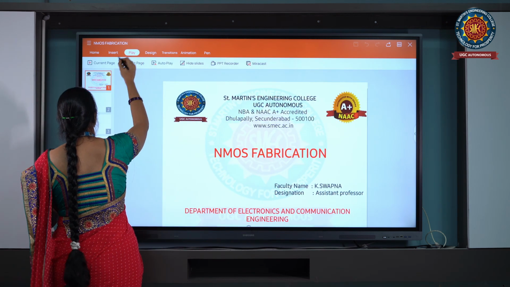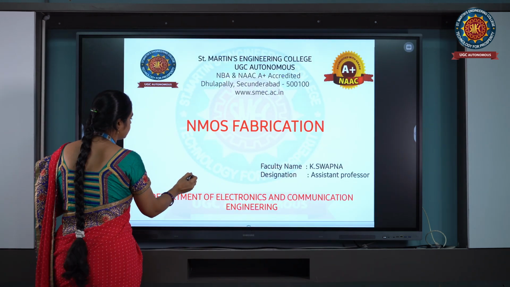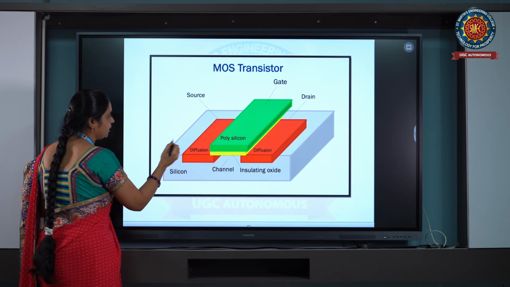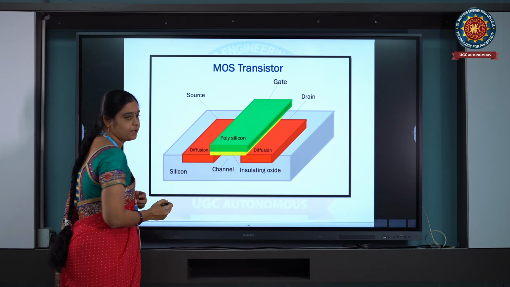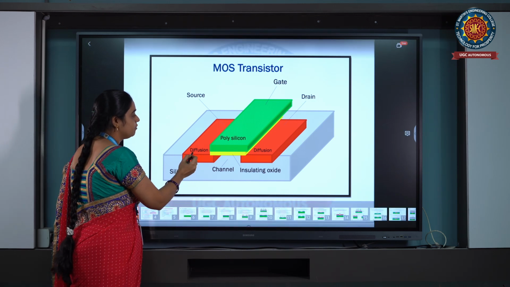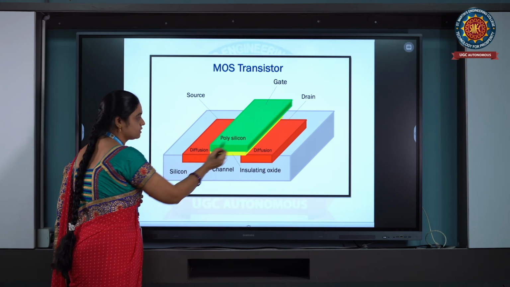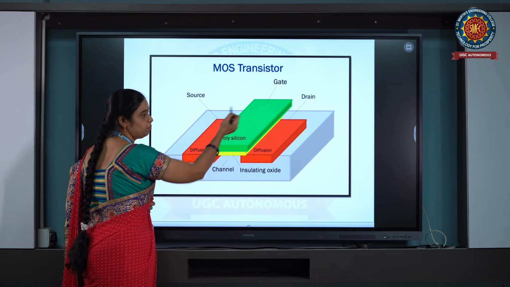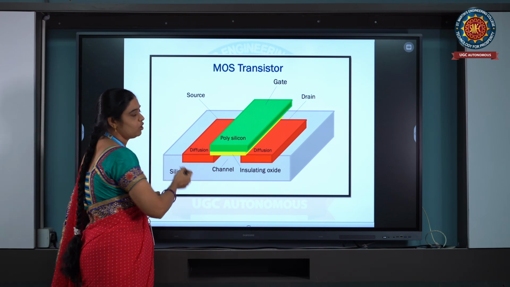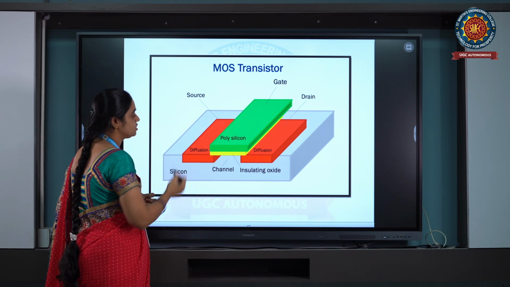Basic NMOS structure. This is the MOS structure, in which you can see here we have a silicon base. This is the silicon base, and on the silicon base we have two diffusions, and over the diffusion we have an oxide layer together with the polysilicon. So let us see what are the different parts in a MOS transistor.